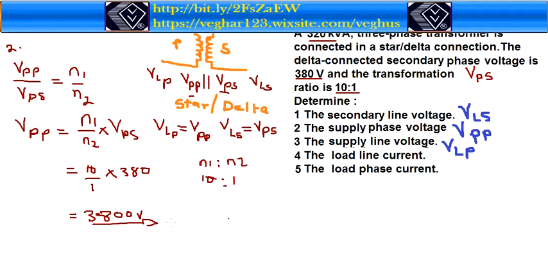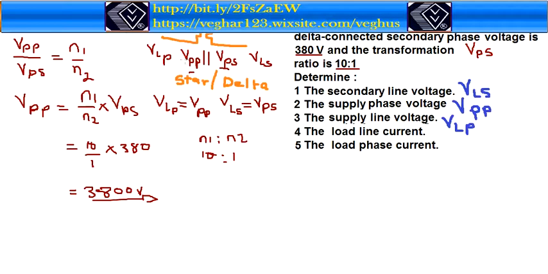Number 3, we are required to find the line voltage, because we have already found the phase voltage. It's a star, so on a star there's a √3 here, they are not equal, unlike the previous equation. On a star, line primary equals root 3 times phase primary. So we already have phase primary for number 3.